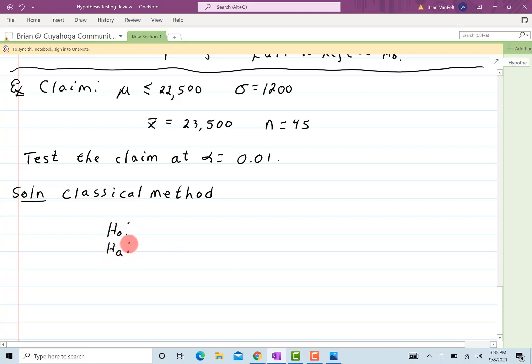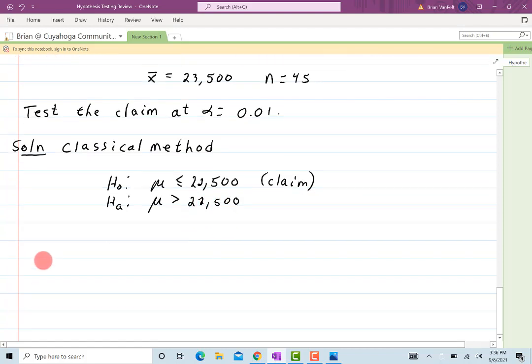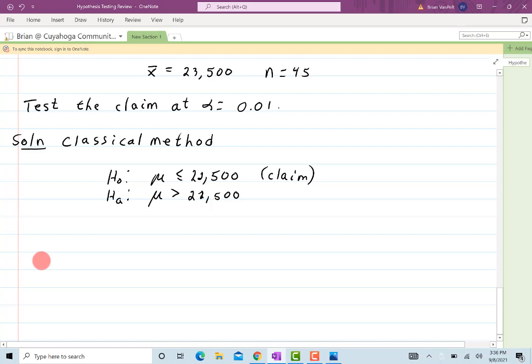Since the equal sign is attached to the claim, that goes in H sub 0, so mu is less than or equal to 22,500. That is the claim. But then for the alternative hypothesis, it's going to be mu greater than 22,500. And so this is what I'm going to test, whether it's true or false.